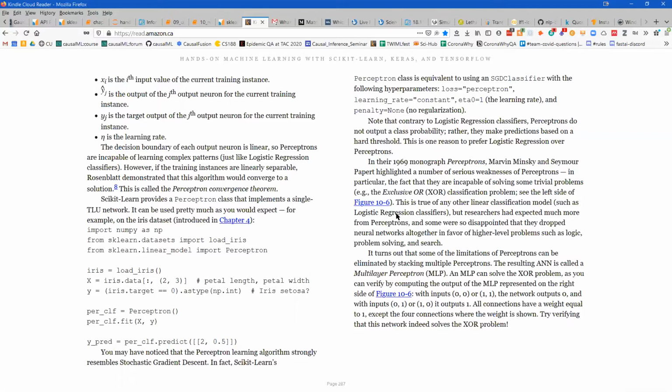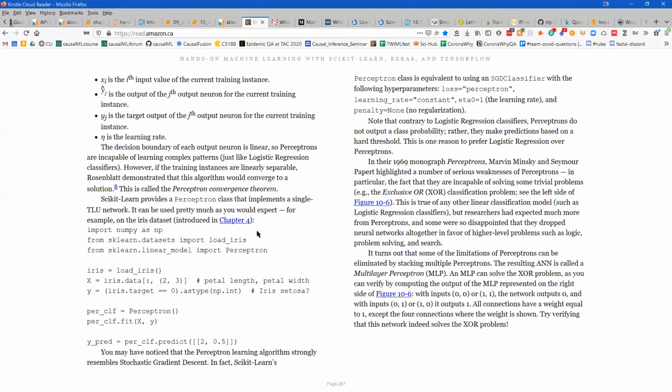Okay, so then he goes through the XOR problem, that is an exclusive OR, which is a logical gate. There are two inputs, and each input can be 0 or 1.